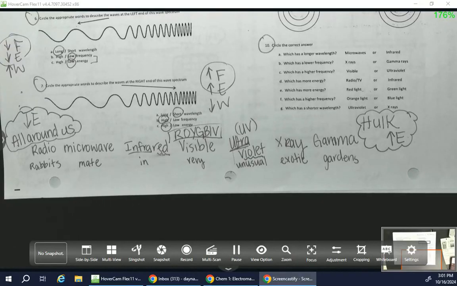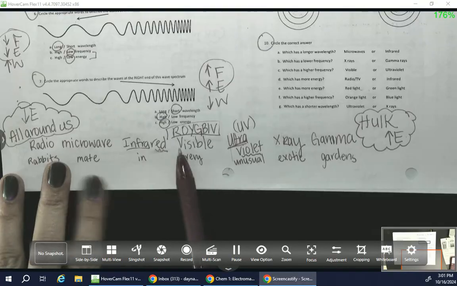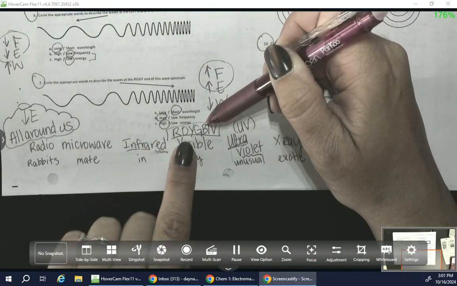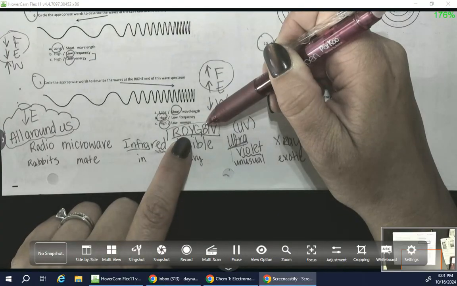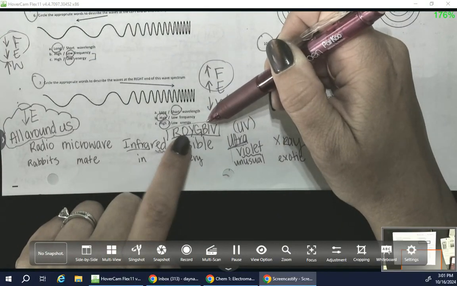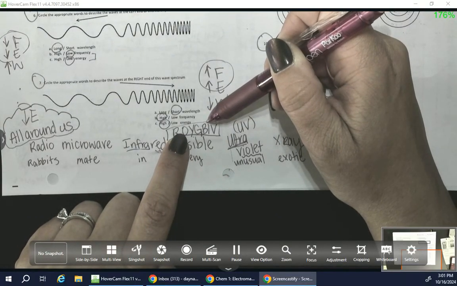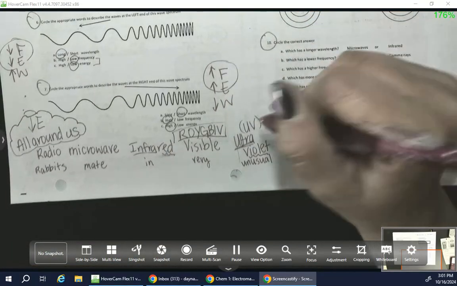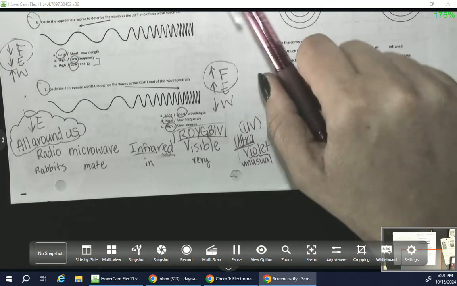Usually there's the orange flame and blue in the center. Which is the hottest part of the flame, the blue or the orange? Blue. This is your evidence of that. Blue is higher energy, orange is lower energy. Hotter, colder. Make sense? That's what you're going to be relating it to.